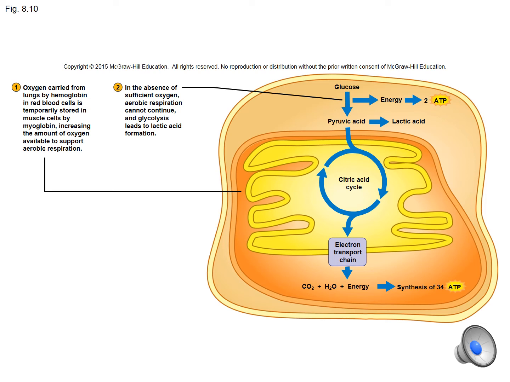Because muscle cells require all this ATP, they have to do a lot of cellular respiration, therefore they need oxygen. So the body stores oxygen in the myoglobin in muscle cells so that it is readily available. But, as number 2 says, in the absence of sufficient oxygen, aerobic respiration cannot continue, and glycolysis leads to lactic acid formation.